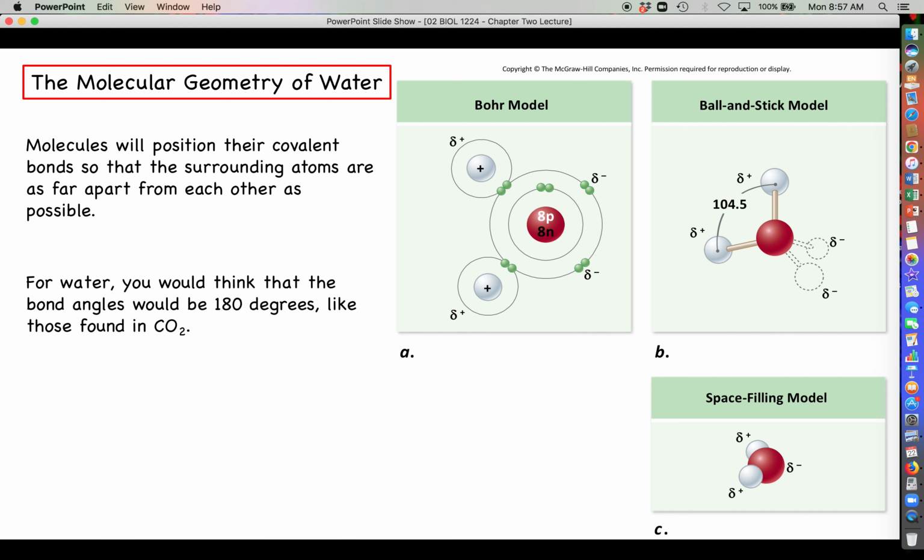Well, the major difference with water is that because of oxygen's unusually high electronegativity, this oxygen atom actually has 2 pairs of unshared electrons that also take up space in the geometric sphere that we're talking about. So we can't get these hydrogen atoms to be 180 degrees, because then they'd start clashing with these unpaired electrons. They would repel each other.